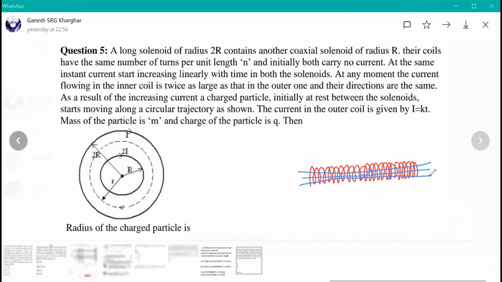And this field is going to infinity and then coming back, taking a very long route like this. So here the magnetic field is zero, here the magnetic field is zero. So the moment we take a tightly wound solenoid, we have to assume like this. Is that clear, that part of your doubt, Ganesh?